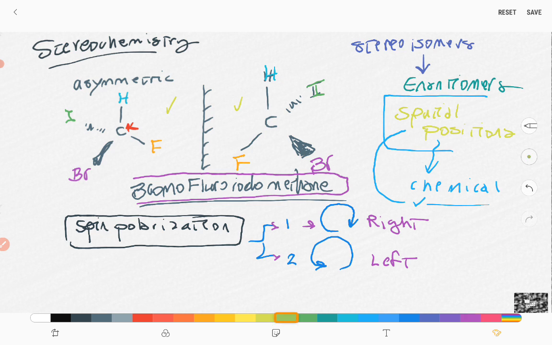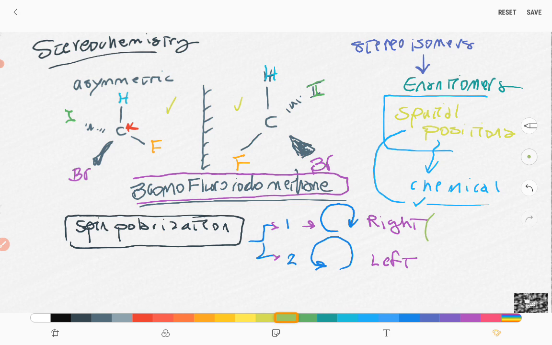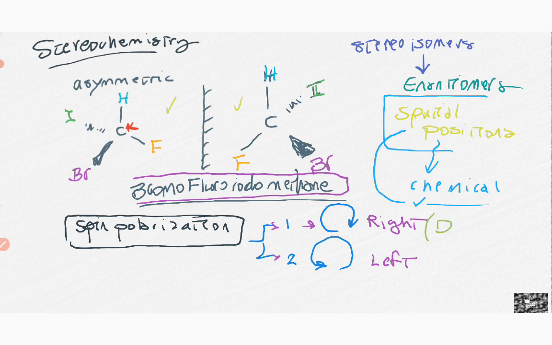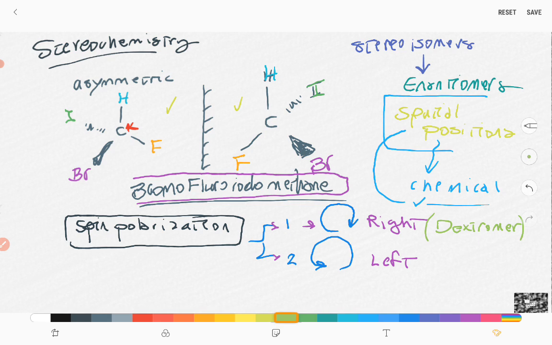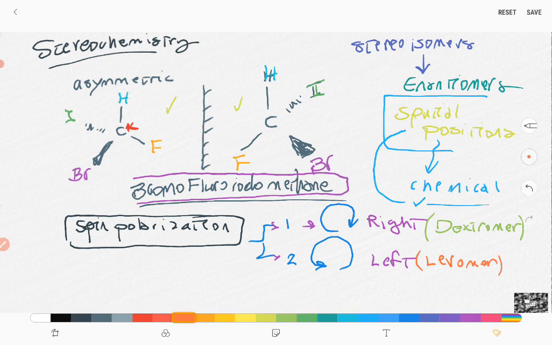Here we call the enantiomer that spins the light to the right the dextromer, and we call the enantiomer that spins the light to the left the levomer. You can say just the levo and the dextro.